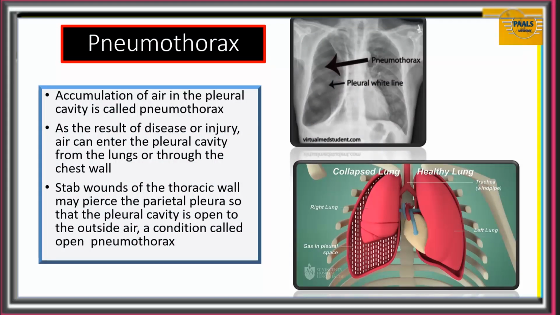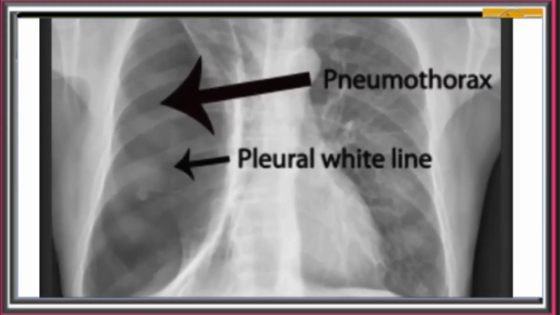Pneumothorax, as we noted, is the accumulation of air in the pleural cavity. In this radiograph, we are seeing air accumulation around this region. As a result of disease or injury, air can enter the pleural cavity, and it can come from the lungs or it can come from the chest wall.